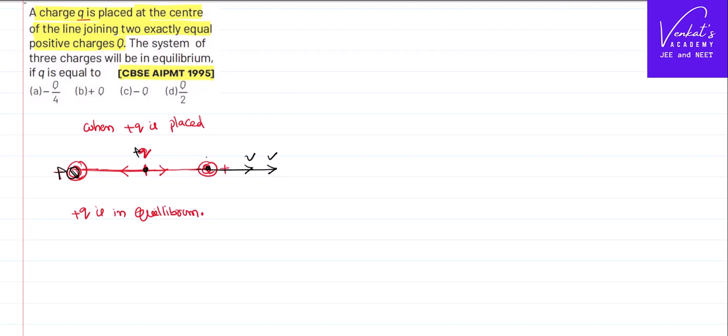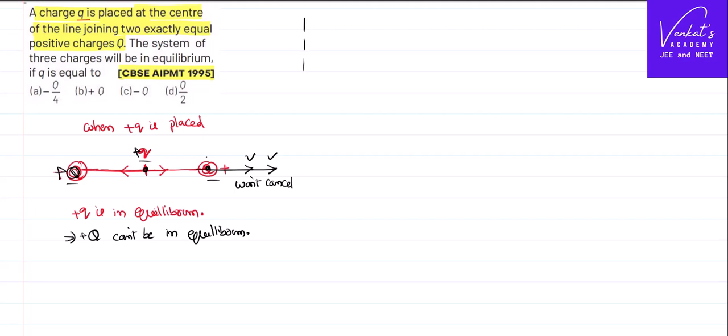Both these forces are in the same direction and hence they won't cancel each other, and hence plus Q can't be in equilibrium. So, you cannot keep a positive charge between two other positive charges and expect the entire system to be in equilibrium. That middle charge can be in equilibrium, but the entire system cannot.